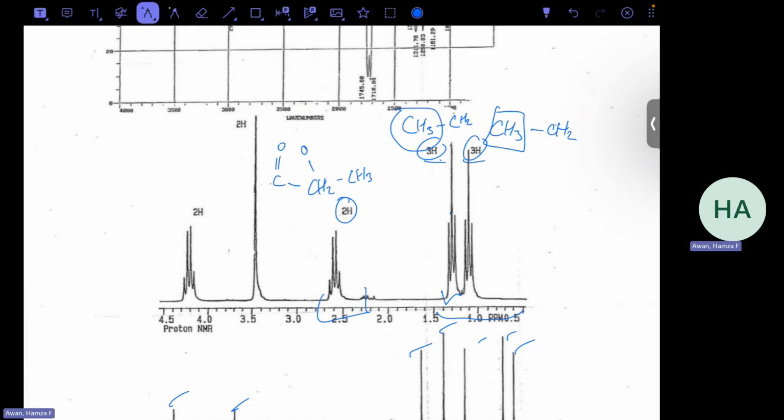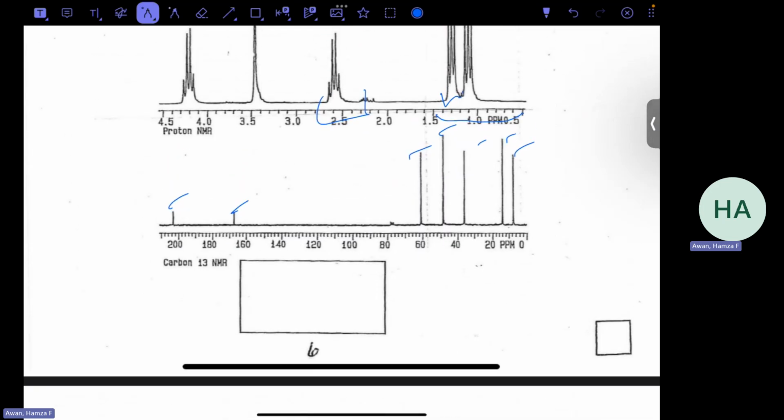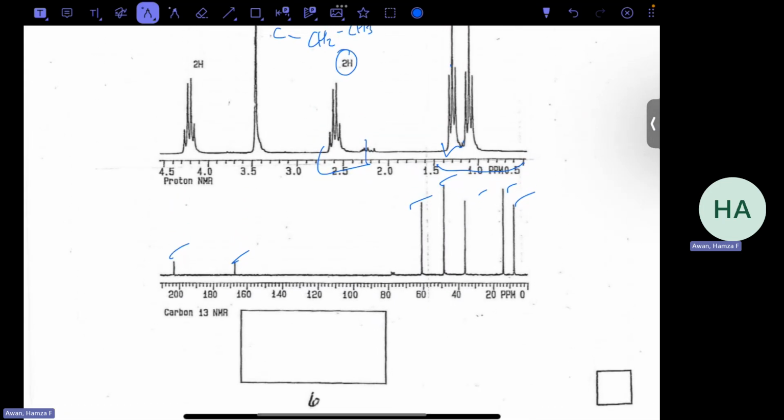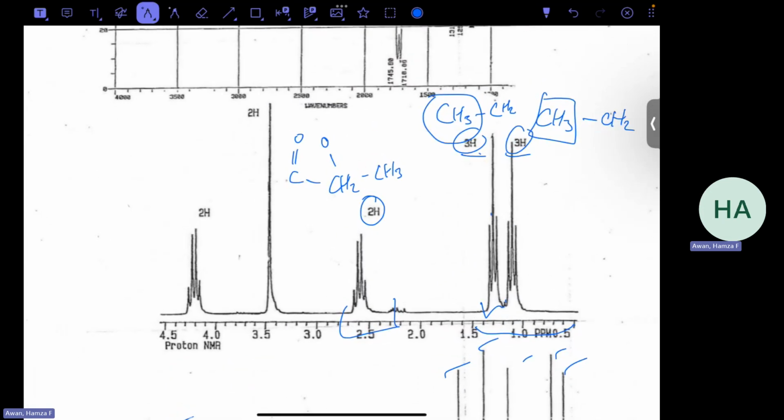Yeah, we can do that as well. I would say we finish the proton NMR, and then we can go to the carbon 13 to see what groups we have so that we know what we're working with. If we just keep going, we don't have all the puzzle pieces yet, so let's try to get all the puzzle pieces.